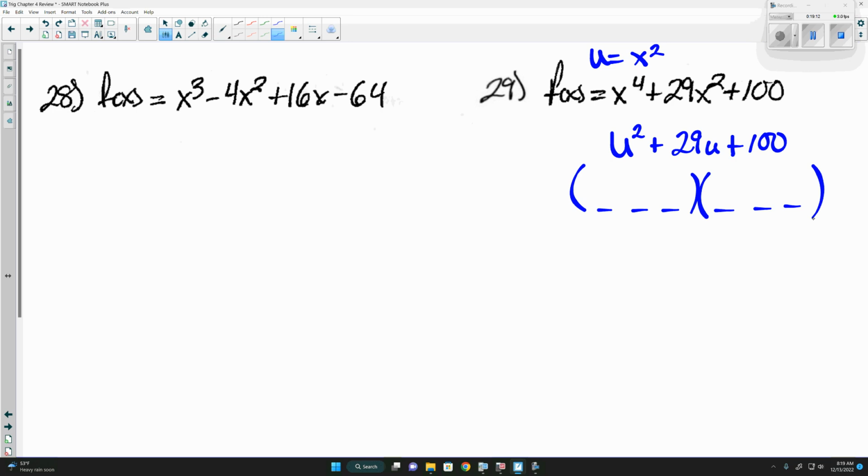Two sets of parentheses with 3 spaces. Now, since the third term is positive, our signs are the same and they match the sign of the middle term. So we would have plus and plus. Our factors of U squared are going to be U, and as I already said, we're going to have 4 and 25.